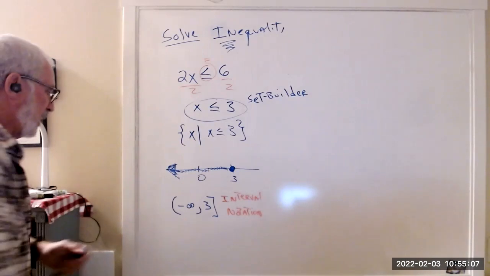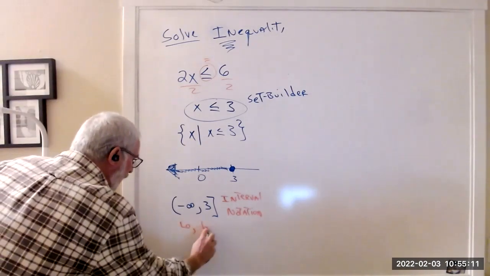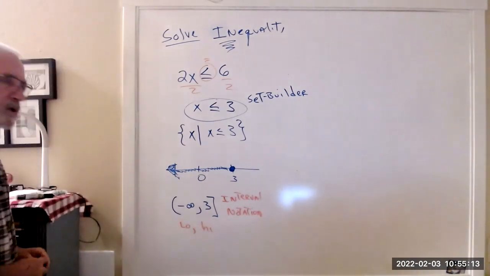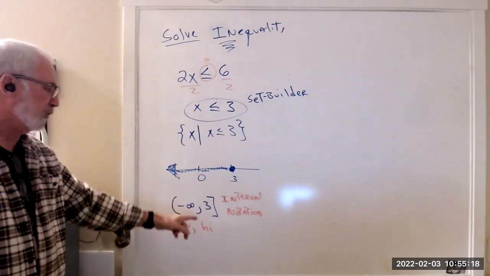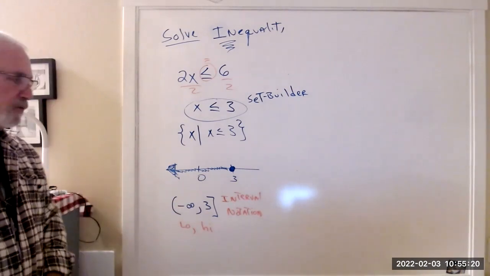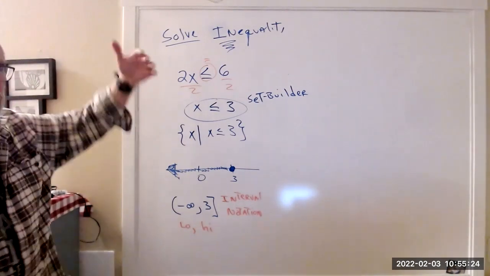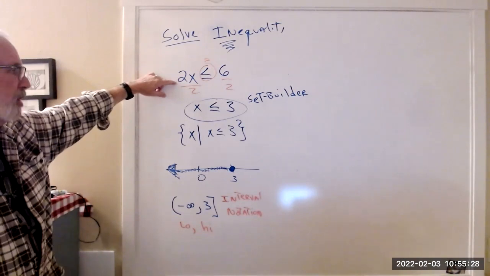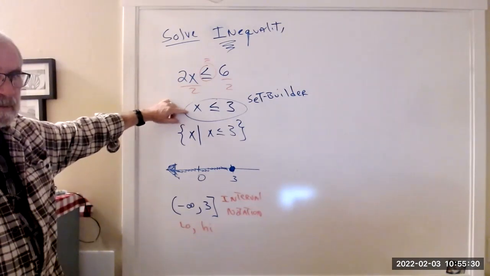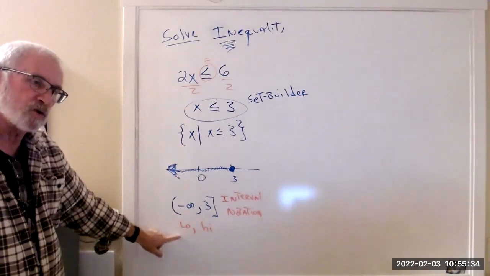And we always input low, comma, high. Whatever the lowest number is goes on the left. Whatever the biggest number is goes on the right. That's called interval notation. So we have two ways of giving an answer for an inequality problem. One is called set builder. One is called interval notation.